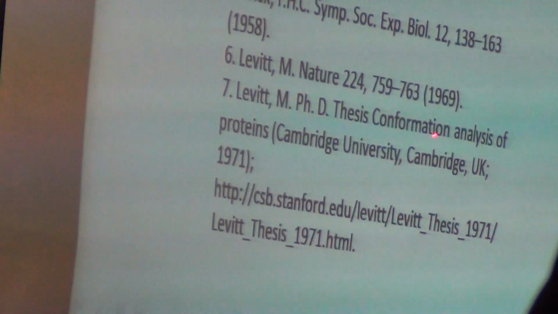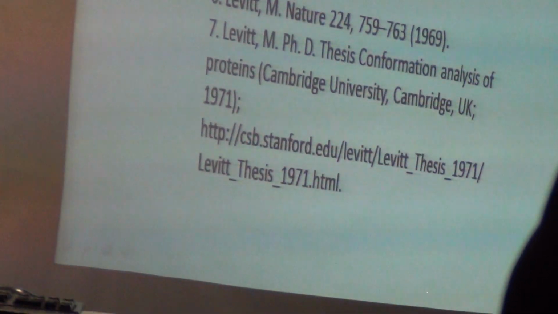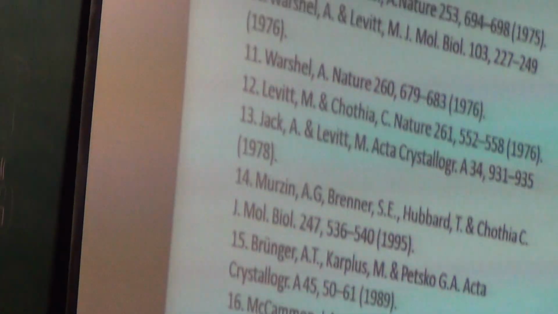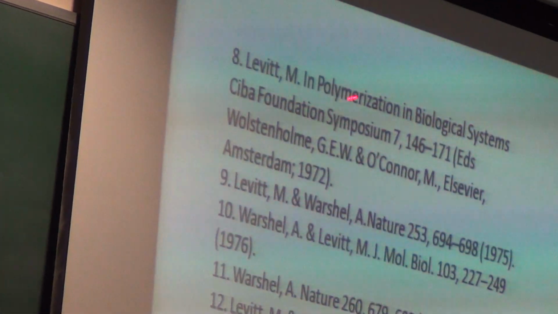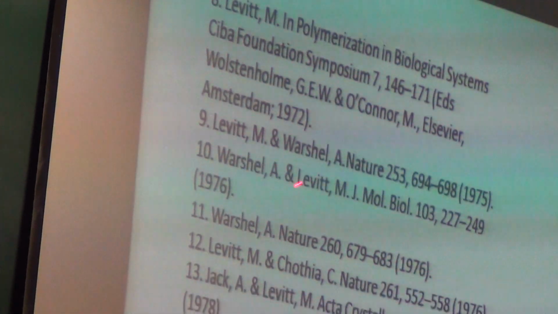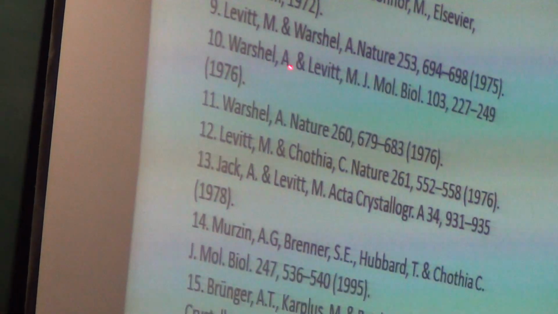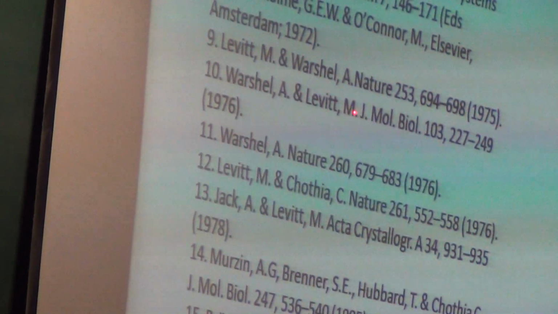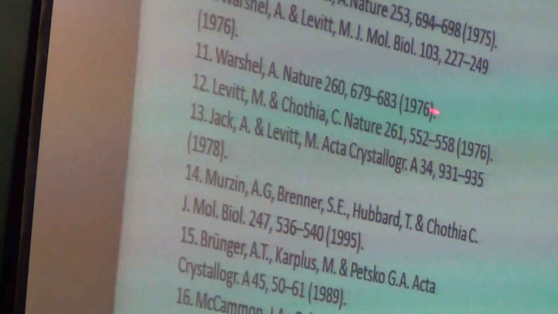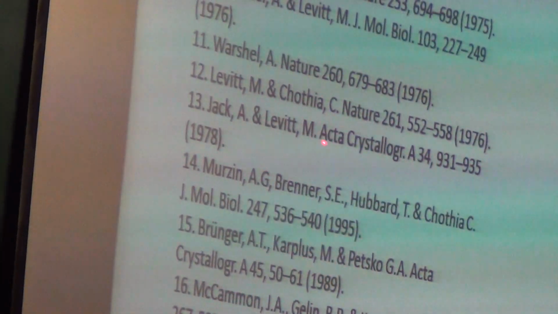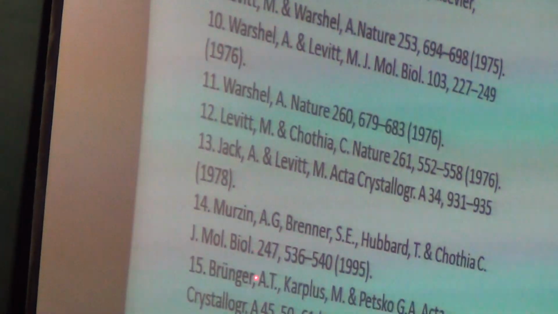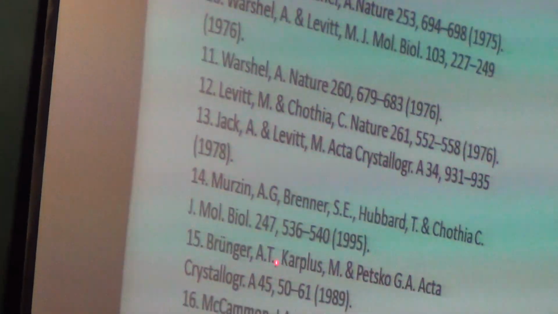Here is Levitt's PhD thesis on conformational analysis, and you go to the next one. Levitt on polymerization in biological systems, Levitt and Warshel in Nature. By that time Warshel had come back, then Warshel and Levitt, and then Warshel in Nature, Levitt and so on. And then he has other papers, and then there is a complex.